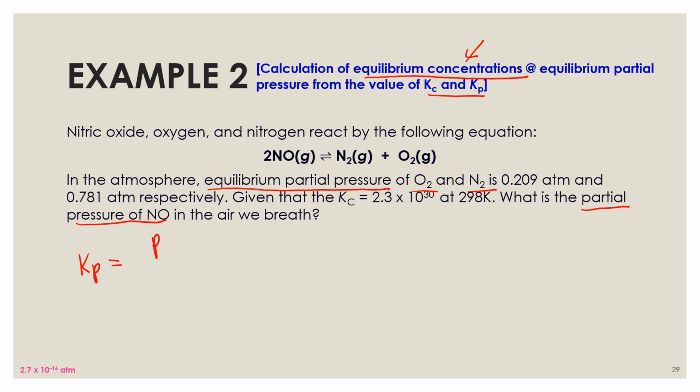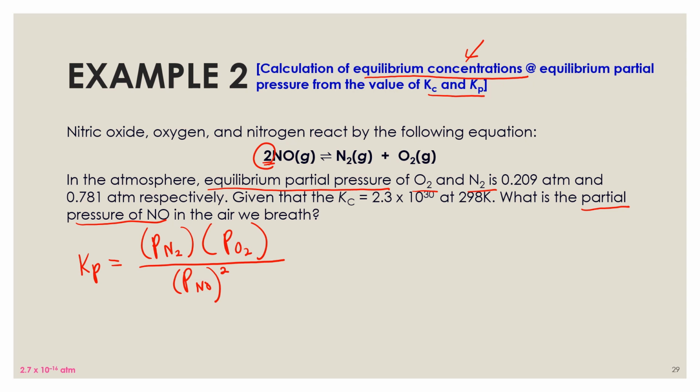So Kp equals the partial pressure of nitrogen gas times the partial pressure of oxygen gas divided by the partial pressure of NO. So please make sure this equation is balanced correctly. So since we have 2NO in front of this equation, PNO will be raised to the power of 2.